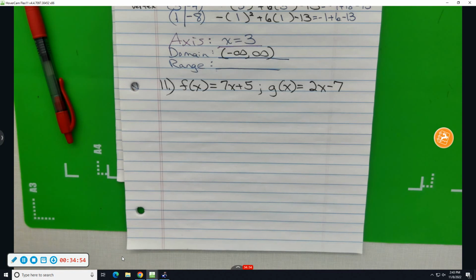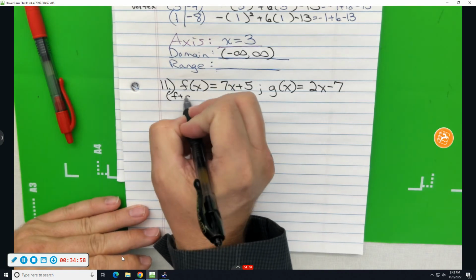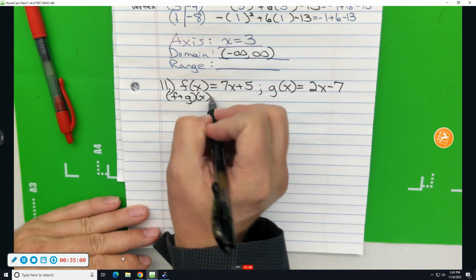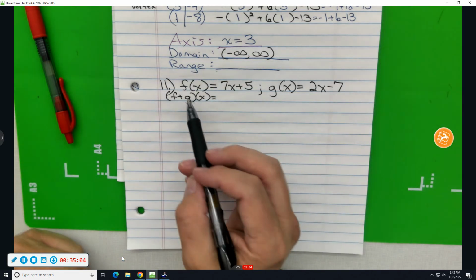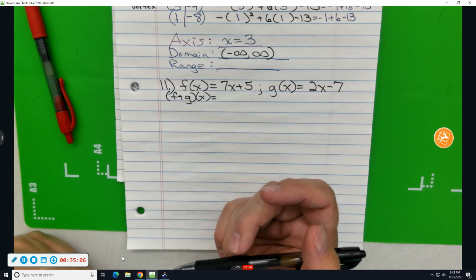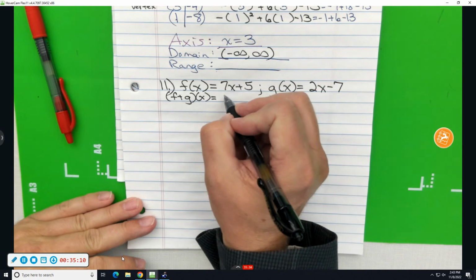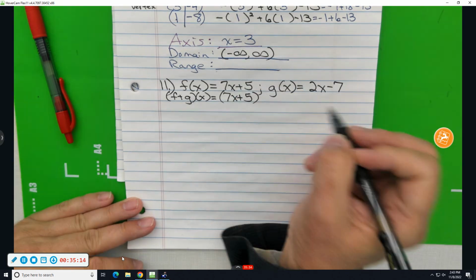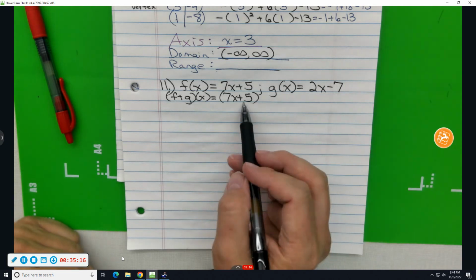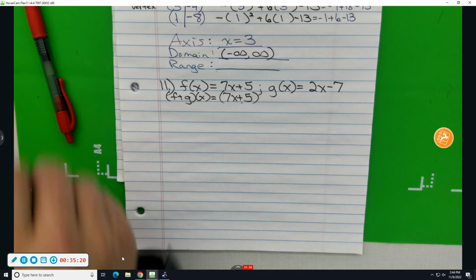They want us to find, first of all, f plus g. Remember we said that addition of functions is just algebraic addition. You take f of x, 7x plus 5, and notice I'm enclosing it in parentheses to show that the 7x plus 5 came from f of x.